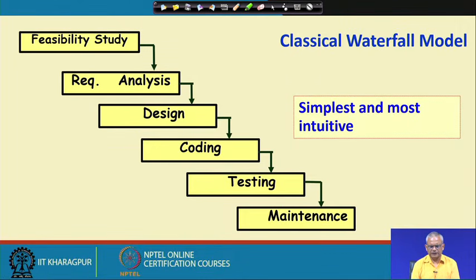Even though this model is very easy to understand, and if we understand this model it becomes easy to understand the other models, still this model is more of an idealistic model. It is not really used in real projects. We will investigate the reason why.